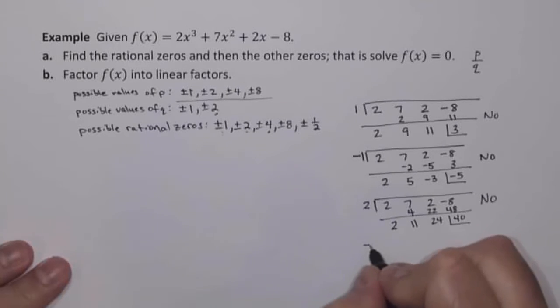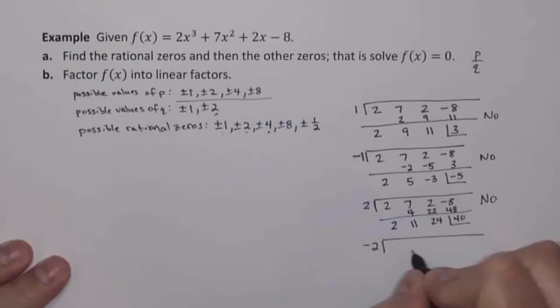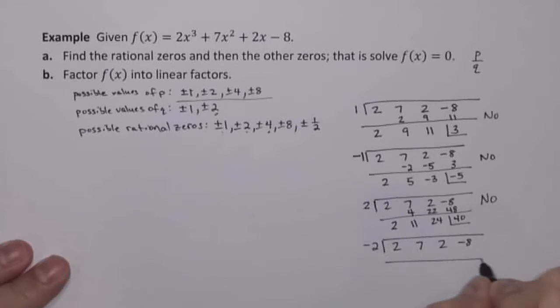So let's try negative 2. Drop down my 2. Negative 2 times 2 is negative 4. 7 plus negative 4 is 3. Negative 2 times 3 is negative 6. 2 plus negative 6 is negative 4. And negative 2 times negative 4 is positive 8.